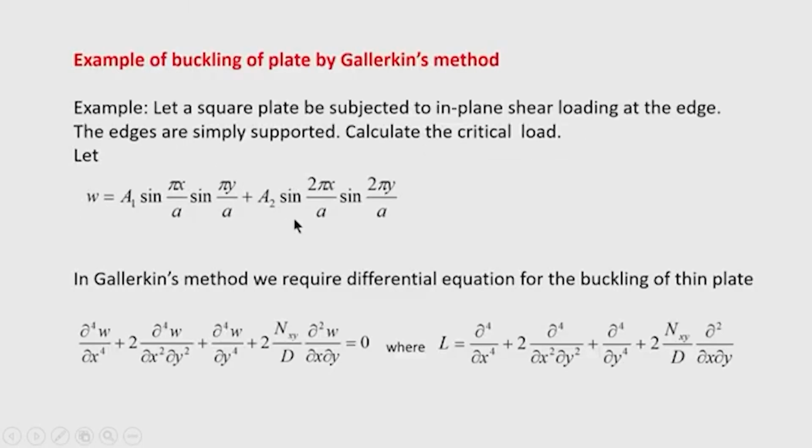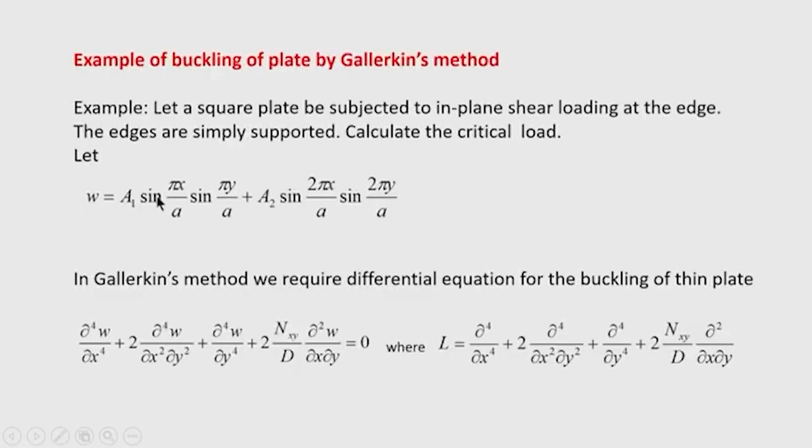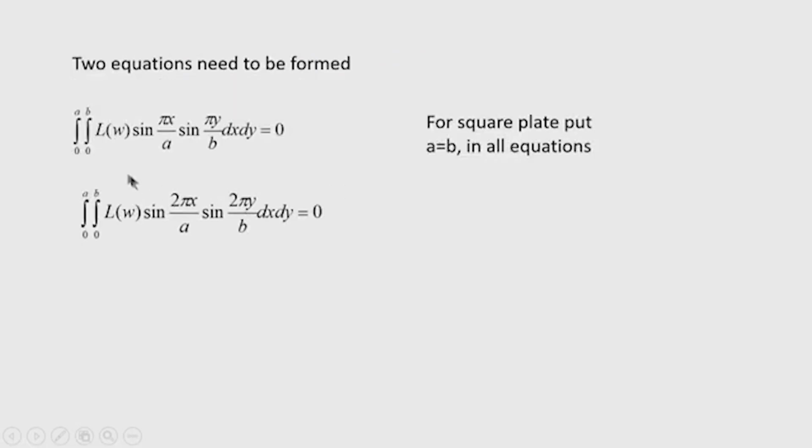So, sin(pi x/a) sin(pi y/a) is one function f1, and f2 is sin(2 pi x/a) sin(2 pi y/a). So, Lw times f1(x,y) equals 0 and Lw times f2(x,y) equals 0, because two constants are involved in forming the deflected shape. Therefore, two Galerkin equations are written. We take the square plate, so in all places we substitute b with a.